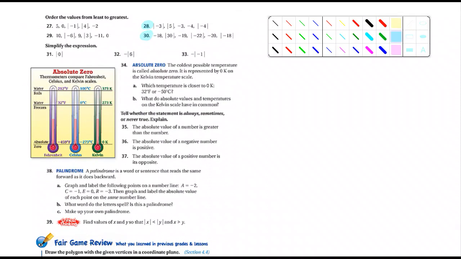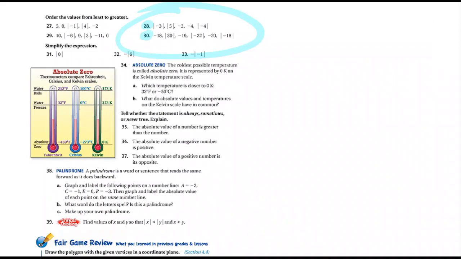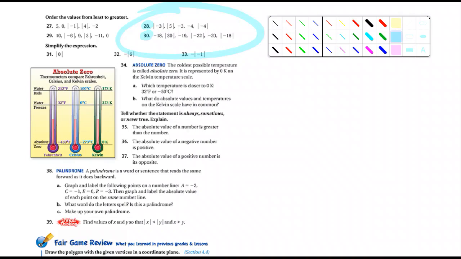Notice, this is important, you guys. Eyes up here. Everybody look. In these problems, they're mixing numbers that are absolute value, and some are not. So think of it this way.